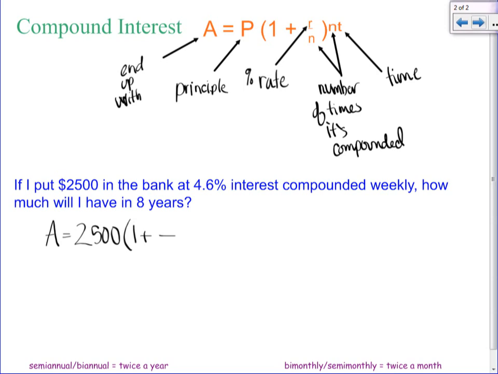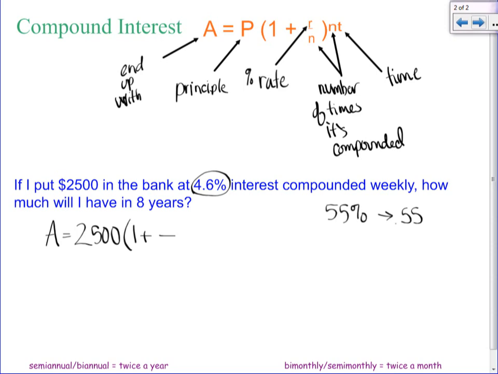1 plus. Now when we put the rate in, we can't write it as a percentage. We have to change it to its decimal. So how do you do that? To figure out what this rate would be, not in a percent, but as a decimal. This might be easier. If I had 55%, what is that as a decimal? 0.55.